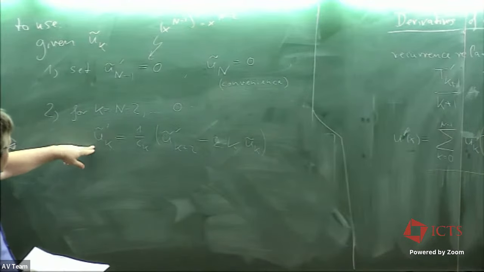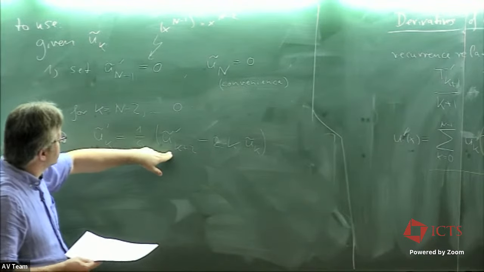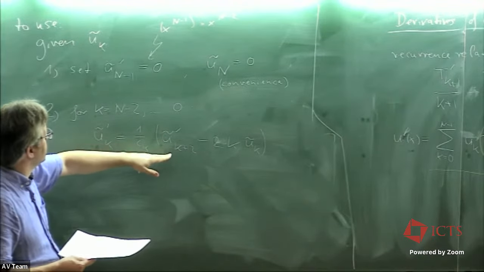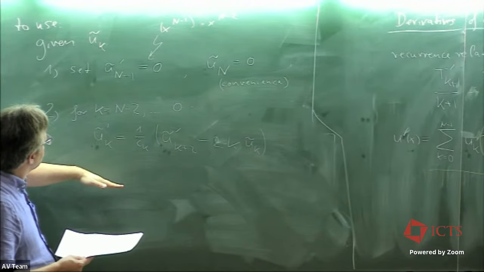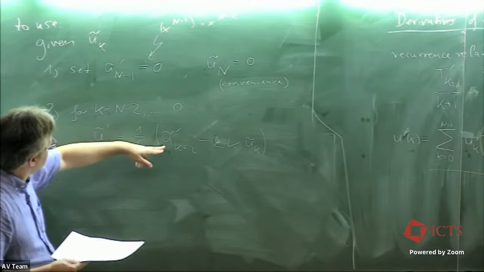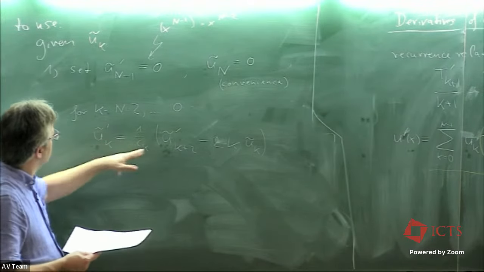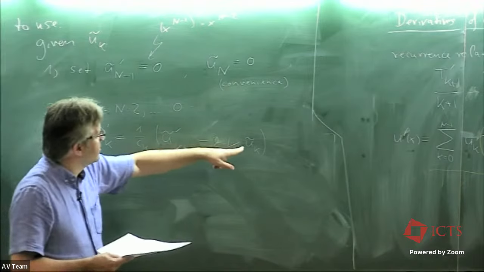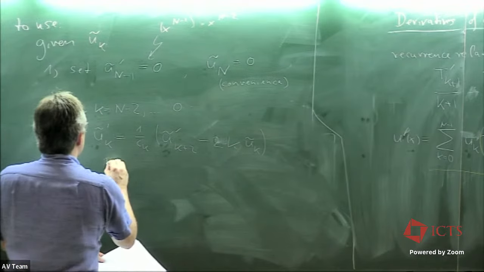So if you start at n minus 2, then the u tilde k plus 2 is higher. We already know that. And as we go down, we always only need higher order terms of this derivative expansion. So we can always evaluate this right-hand side here. And what this is, it is a recurrence relation.